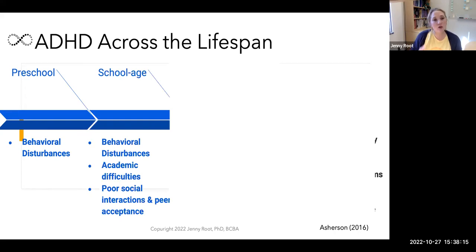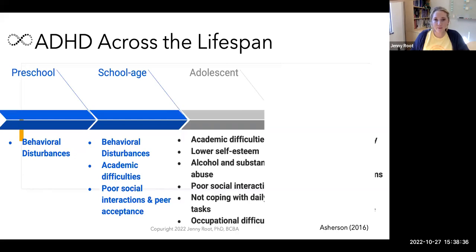As they get into school, those behavioral differences can relate to academic difficulties, not necessarily because of any cognitive deficit or learning disability, though sometimes those can overlap, but more of just that inattention and impulsivity. And that can also lead to poor social interactions and peer acceptance.